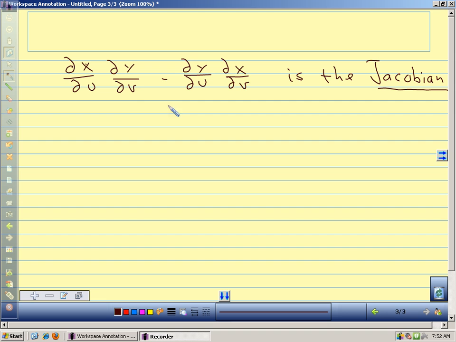We say it's the Jacobian of x and y with respect to u and v. And we usually write it in this form. Looking at this, does this remind you of anything? The form of this thing.